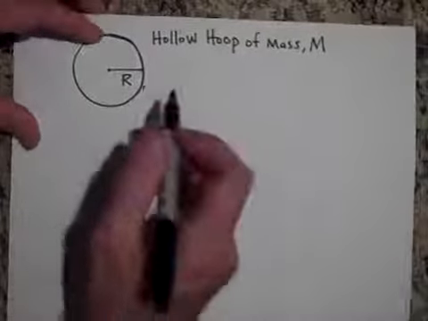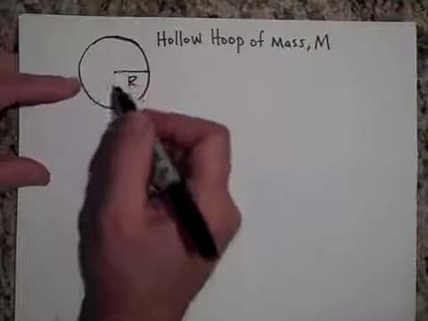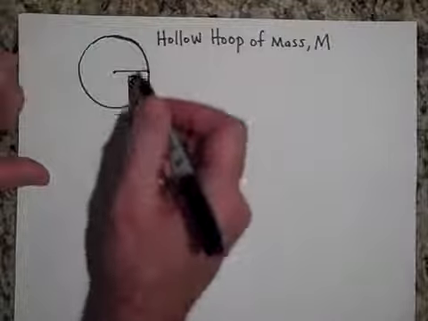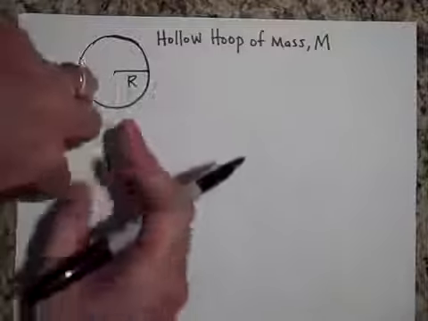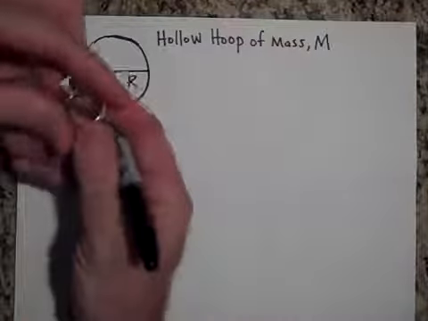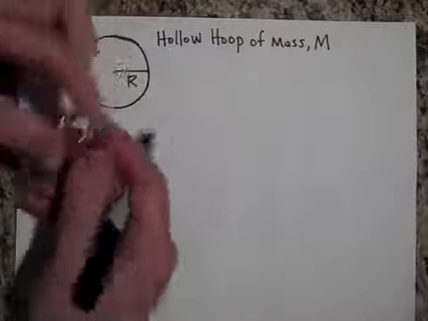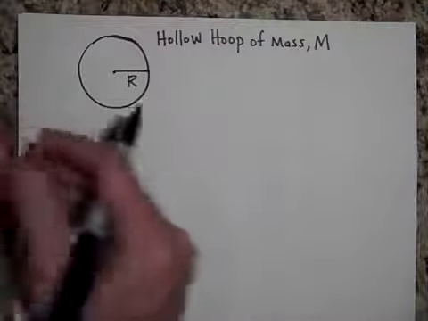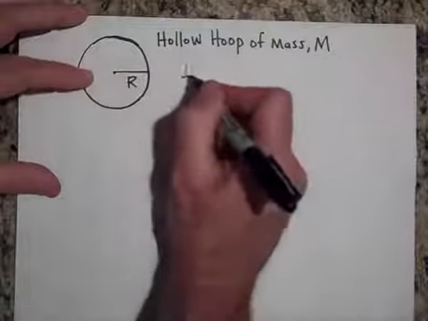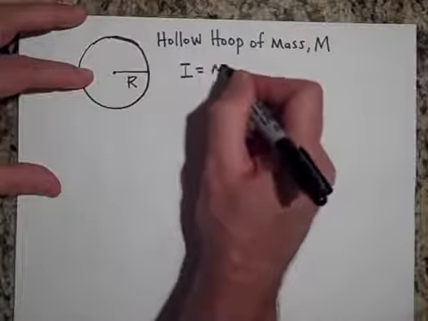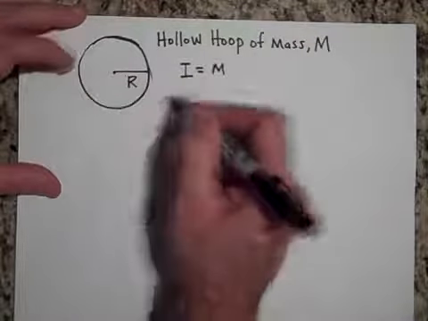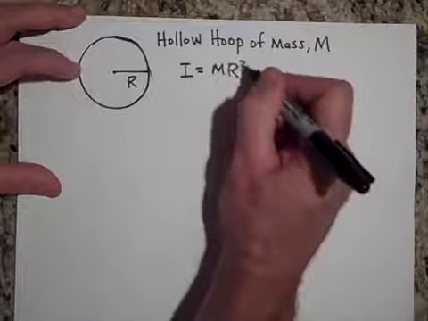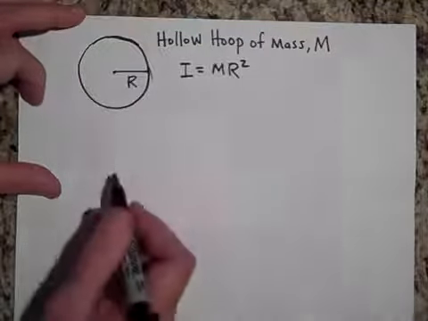Okay, I for a hoop, if this is hollow, this is all air here, and you've got this metal band, kind of like my wedding ring, just a hollow hoop. Well, the I is going to be just m, the mass of the hoop, times r squared, because all that mass is at the edge.